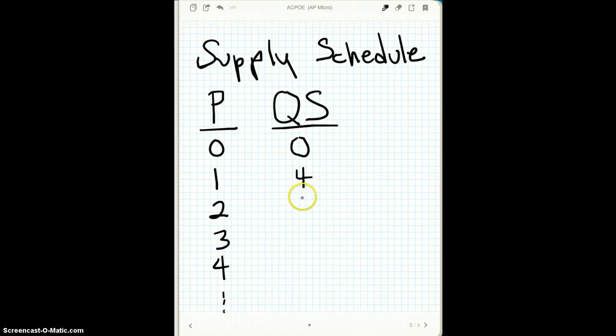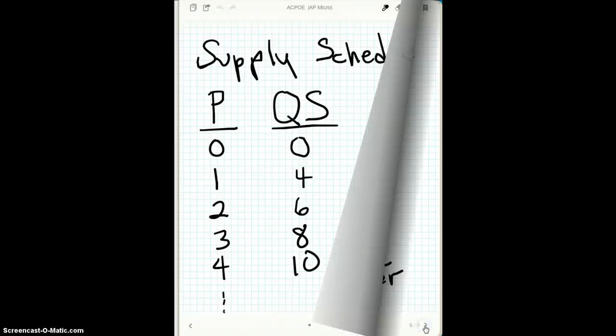At a price of 2, 6 units. At a price of 3, 8 units, and so on. At a price of 4, 10 units, and so on. So that's reflecting the law of supply, meaning that price and quantity supplied move in similar directions, depending on how we read the supply schedule.